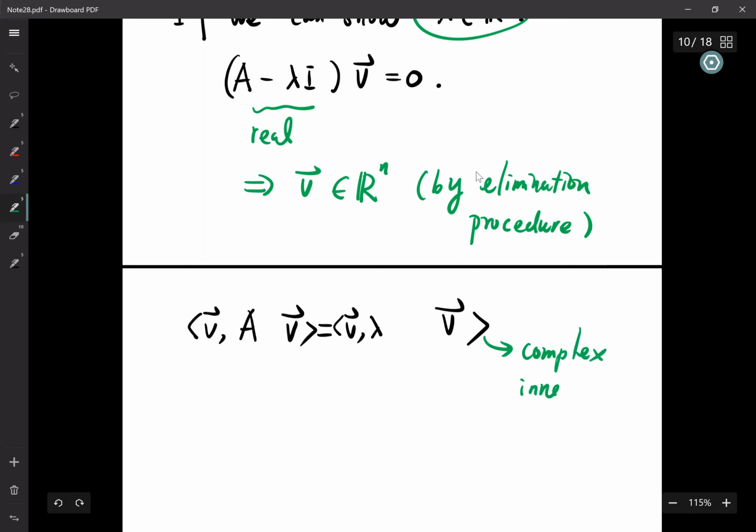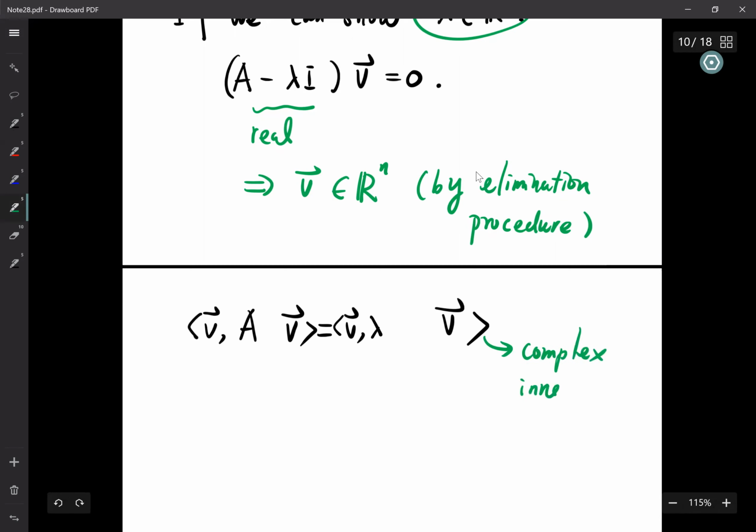And furthermore, I know that this is an inner product, so this is lambda times v. Now, the right-hand side is equal to lambda v star v.